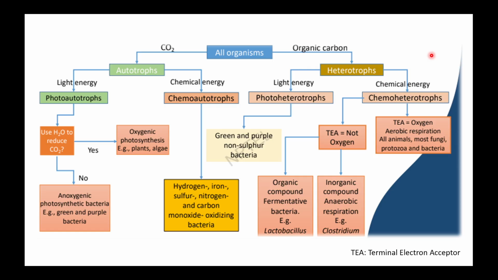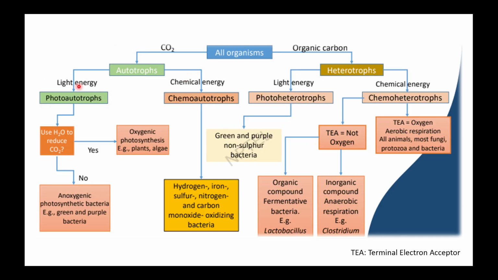So if you remember from the previous class, we talked about glycolysis. Glycolysis, basically glucose was broken down into energy. So that is heterotrophs. Whereas plants can use carbon dioxide directly and make their own food, so they are autotrophs. Then these are further divided into the type of energy the organism is using.